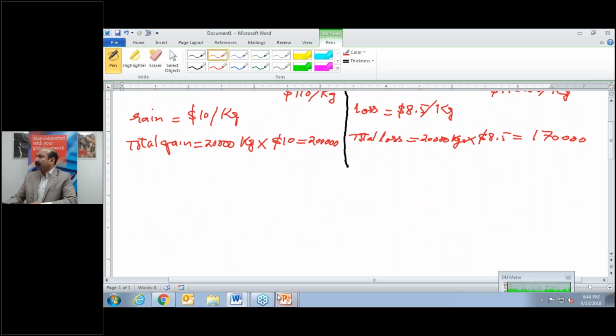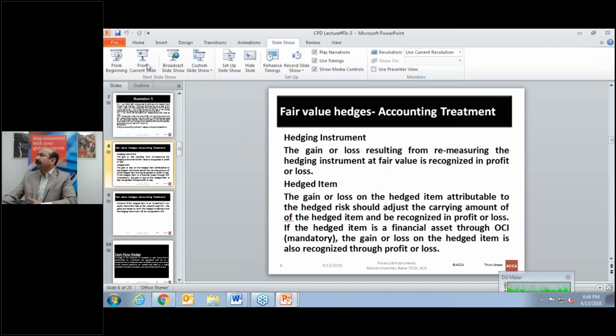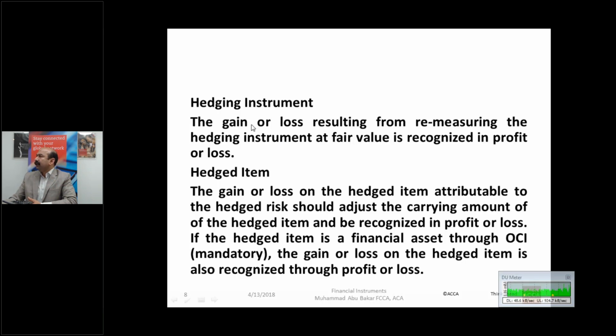If we go back to our slides, what should we do with this gain or loss? We can see that the gain or loss resulting from remeasuring the hedging instrument, in this case the futures contract, is recognized in profit and loss.